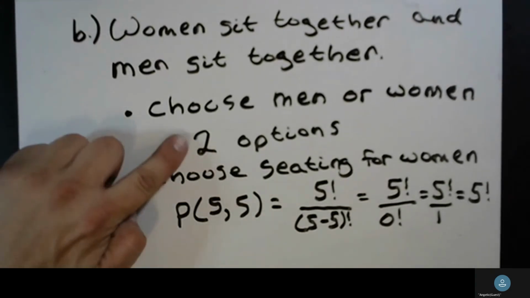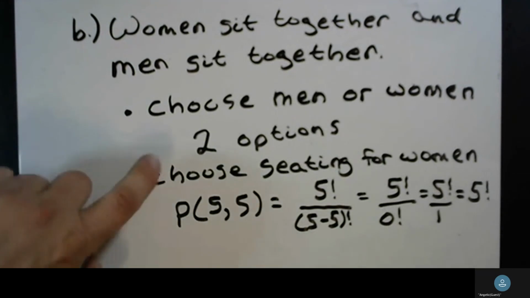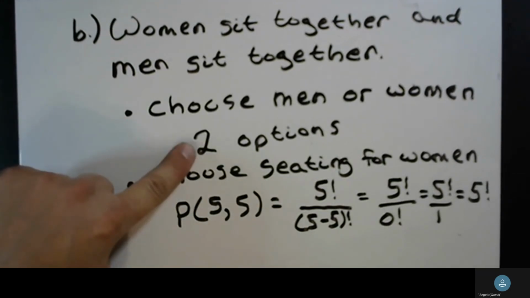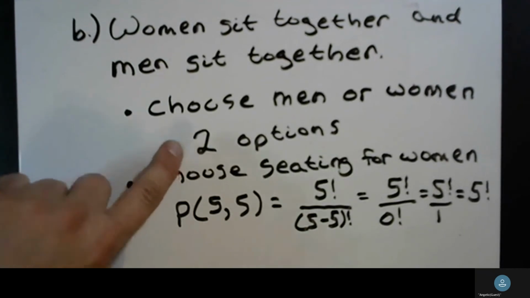Now, when we make the choice men or women, we could choose to either seat women first and then men, or seat men first and then women. Those are the two choices we're looking at.